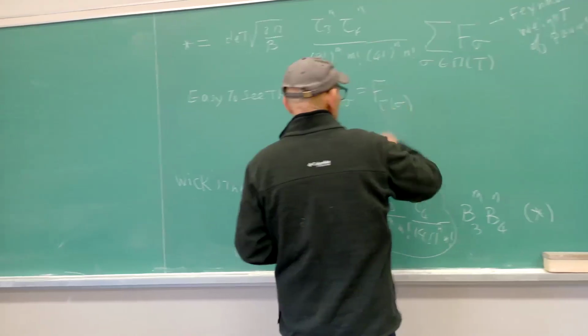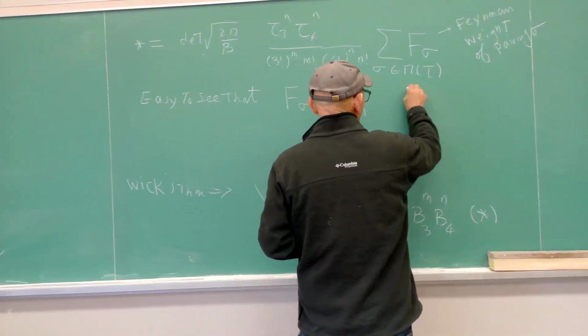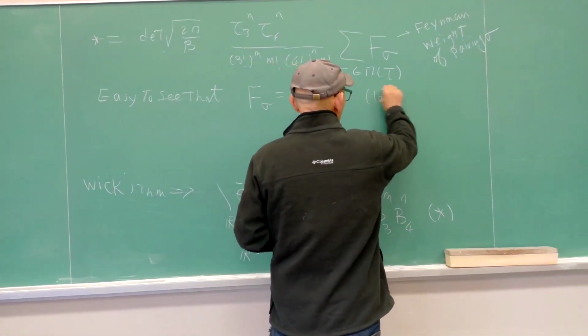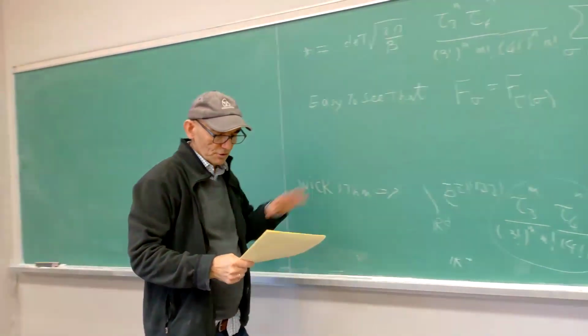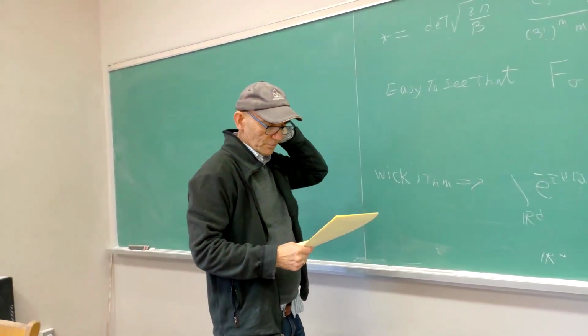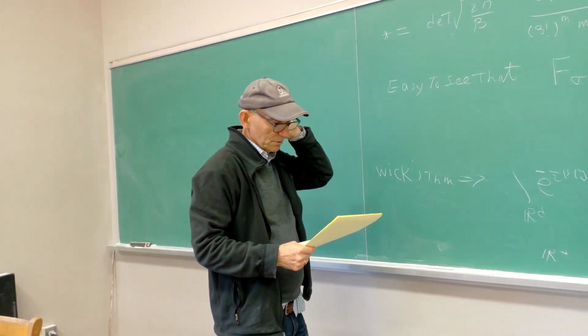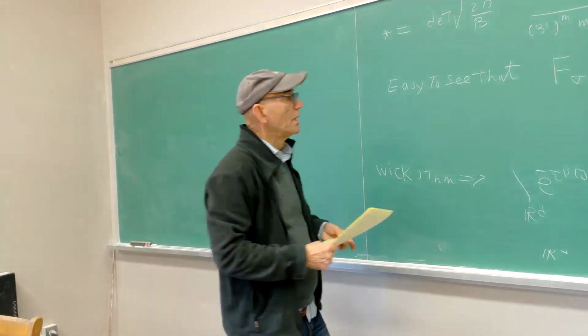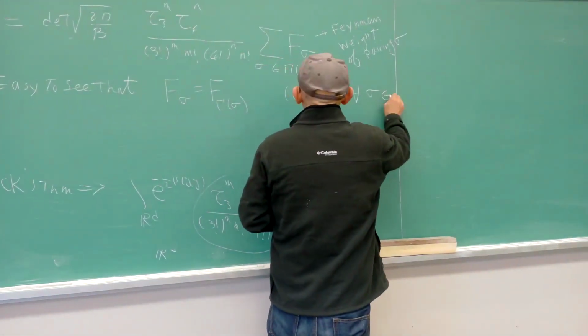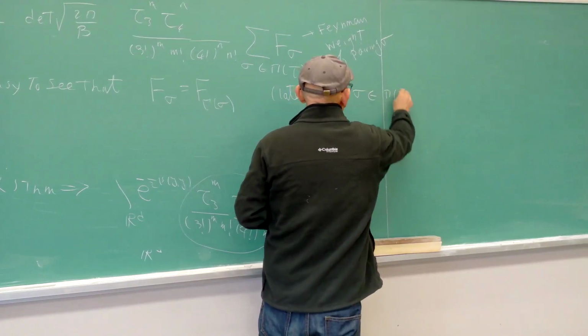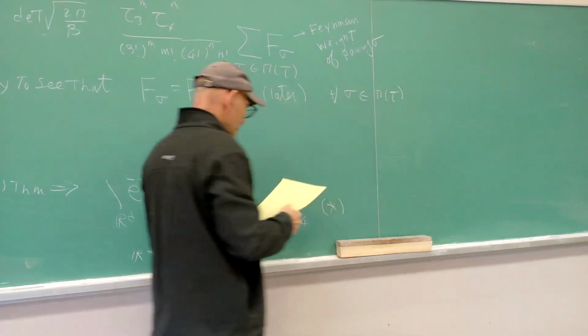I'll give a proof later on, but it's not difficult. If you put it in front of yourself and look at it for maybe a few minutes, you can see it. This is for any sigma belonging to pairings of this set of half edges.